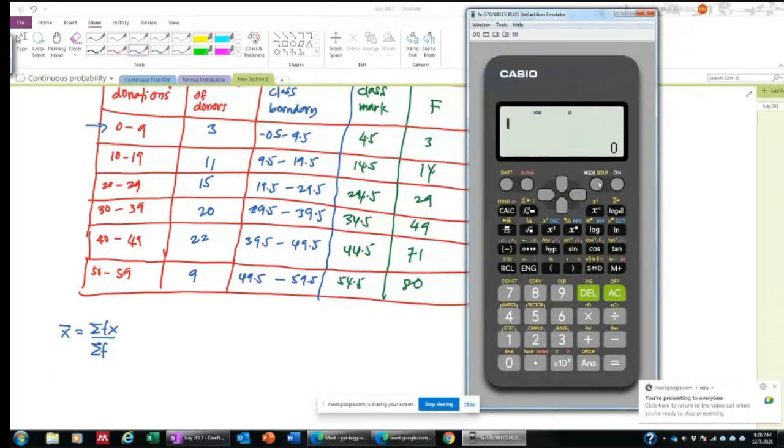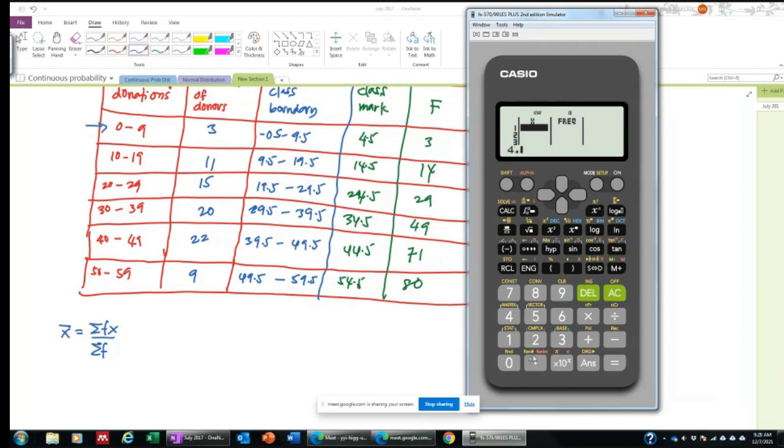So now we press, since we need to input a frequency value, you click on shift mode and then find statistic number 4 and click on frequency, right? And then you press mode once more and then find 3 for statistics, right? And then click on 1 for 1-variable. So you will get like this. So X is going to be your class mark and frequency going to be number of donors.